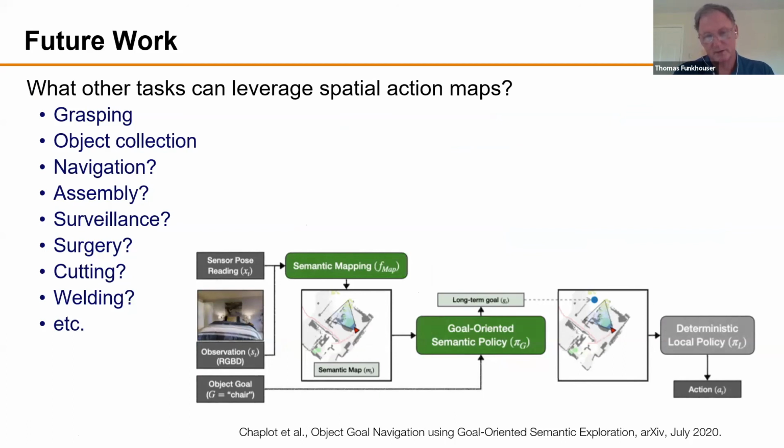People have started to use representations similar to this for navigation in habitat-like environments, where it's a first-person ego motion kind of find-the-chair task. People have also used something related to spatial action maps for autonomous driving in the end-to-end interpretable neural motion planner. But what else could they be used for? There's a wide variety of tasks that are of the form, move your robot there and do an action. And so, is it the right representation for all these applications or not? That's just an open question.